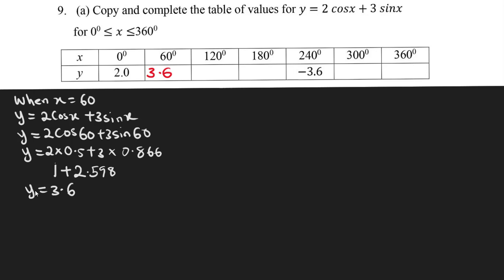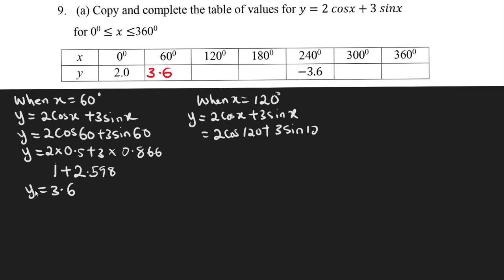So let's go for when x is equal to 120 degrees. We know that y equals 2 cos x plus 3 sine x. That will be 2 cos 120 degrees plus 3 sine 120 degrees.